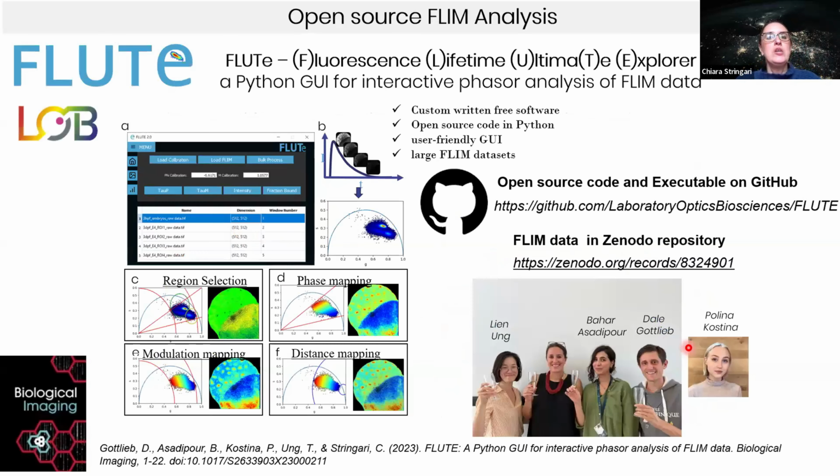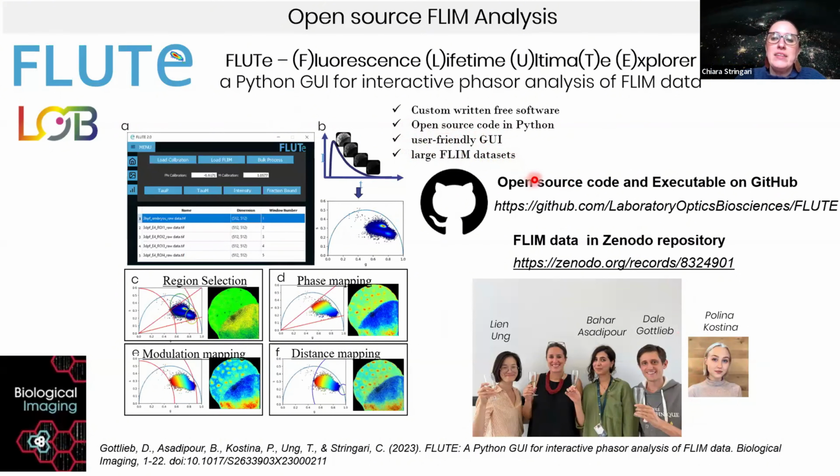If you want to do analysis, with the phasor we developed an open source software called FLUTE, Fluorescence Lifetime Ultimate Explorer. It is a Python graphical interface. We developed this open source software with the goal of having something very user-friendly that can analyze larger data sets.